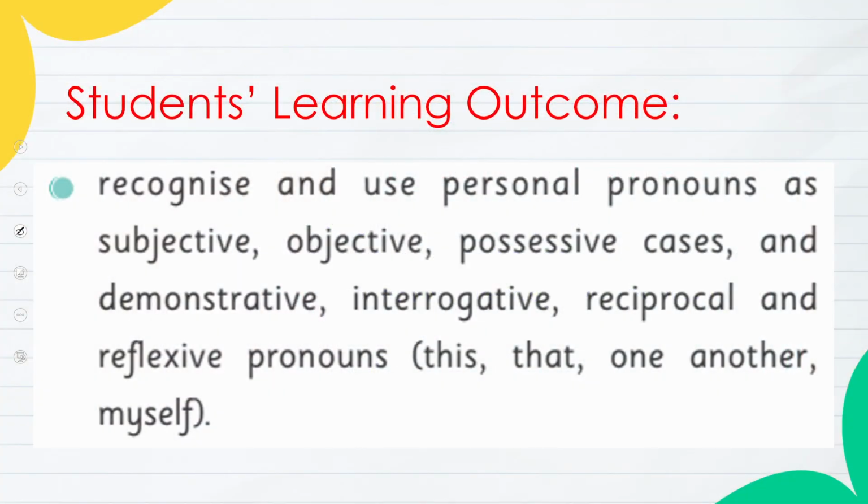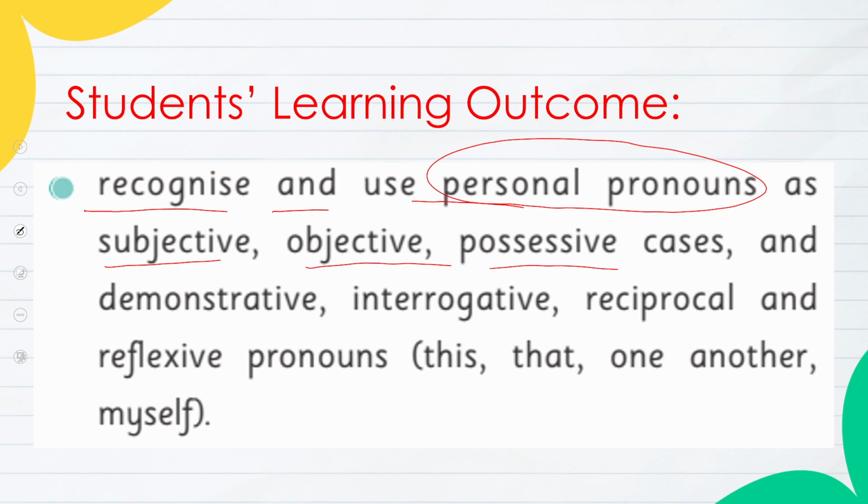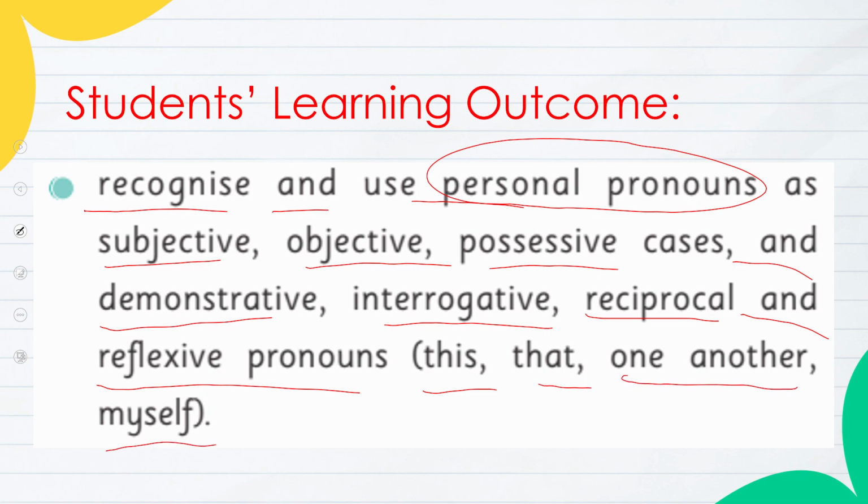So in the competency of grammar, our students' learning outcome is to recognize and use personal pronouns as subjective, objective, possessive cases, and demonstrative, interrogative, reciprocal, and reflexive pronouns like this, that, one another, and myself.